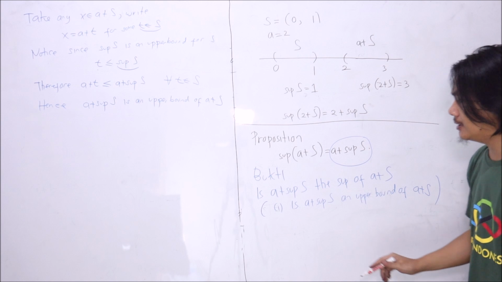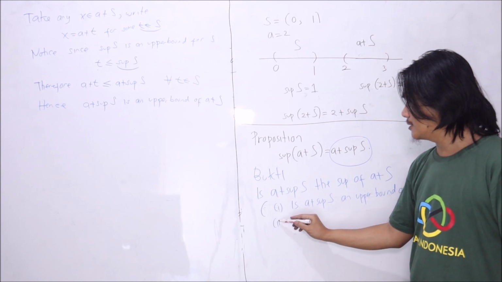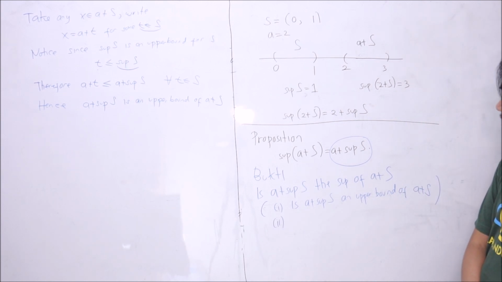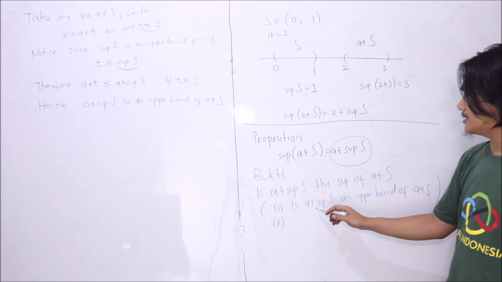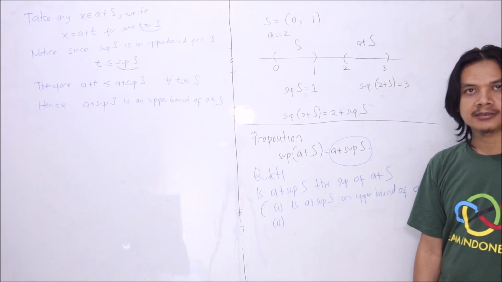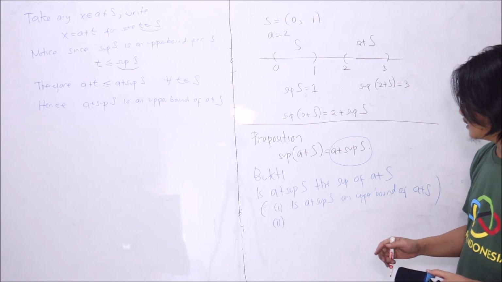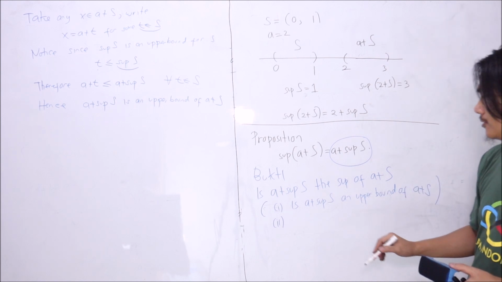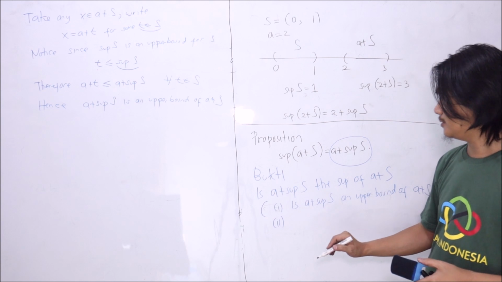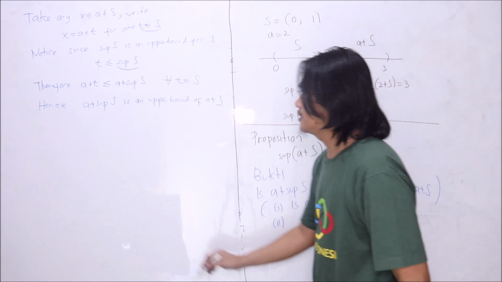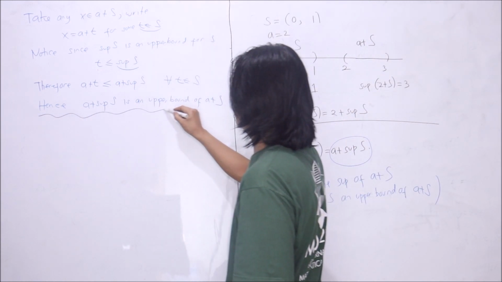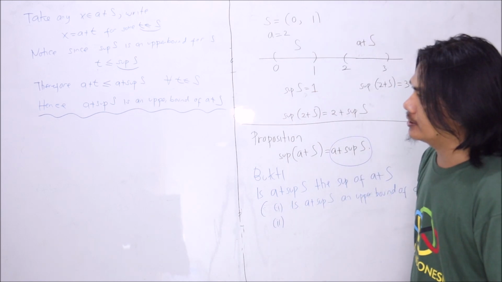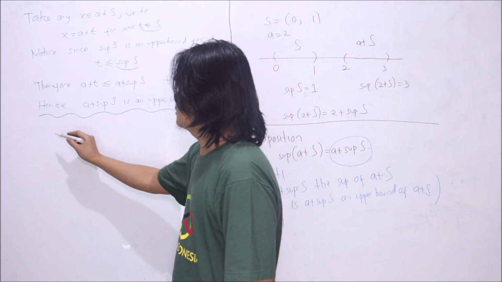And secondly, what we need to show is, if we take any element less than A plus sup S, that element cannot be an upper bound of A plus S. So let's prove it here.